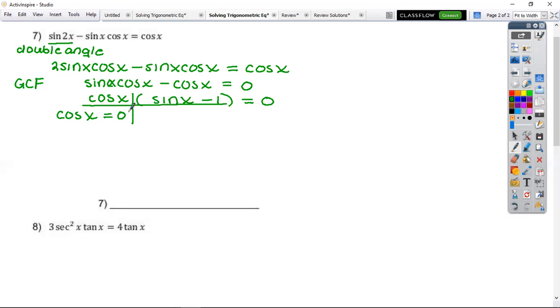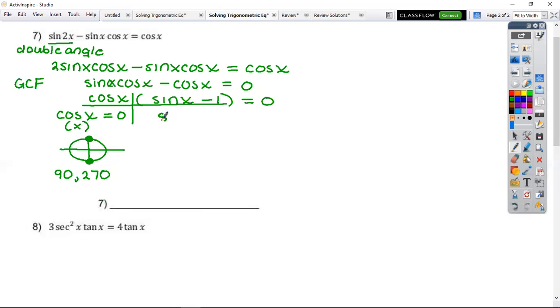Remember that cosine on your unit circle does pertain to that x. So where is x 0? 90 and 270. Something different finally. Then you're going to go over to the other side here.